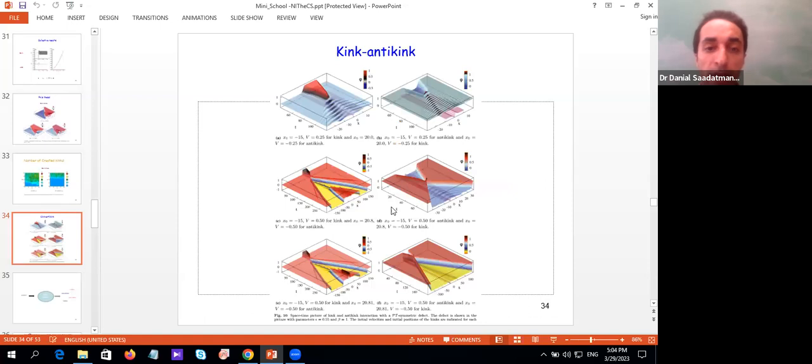In fact, we have also observed such behavior during the interaction of kink and anti-kink with the defect. If we send a kink and anti-kink from both sides of the defect, when they collide together, we can see a different scenario.